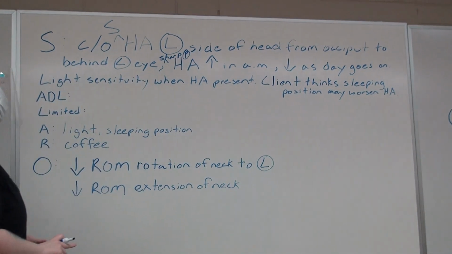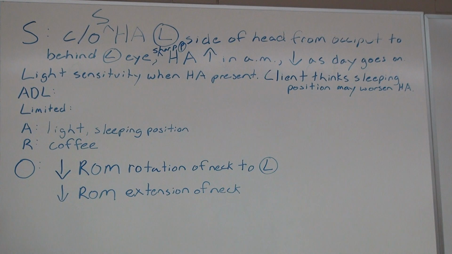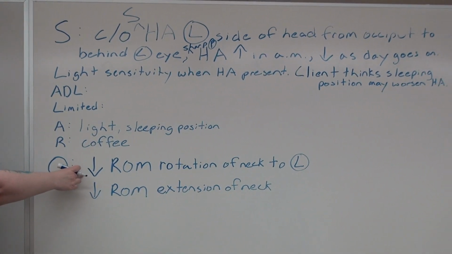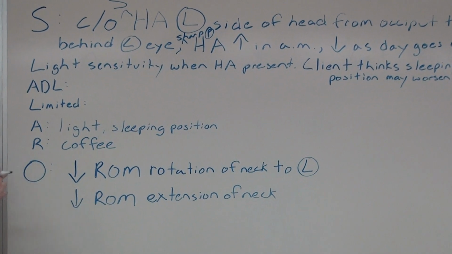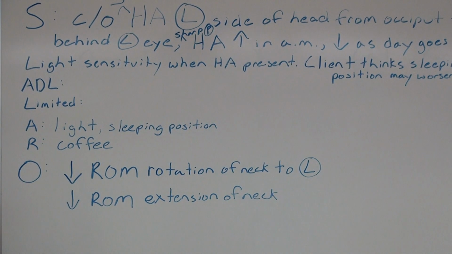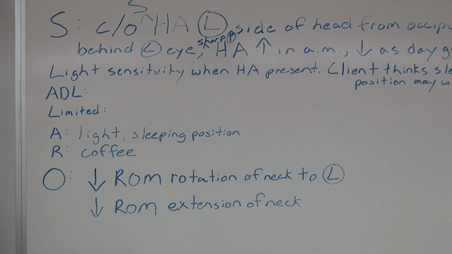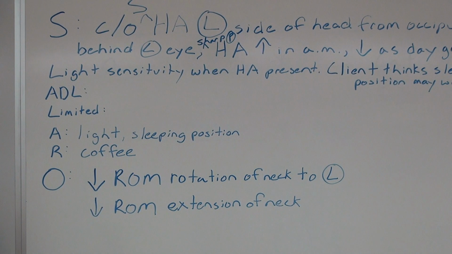Now you could also give this a descriptor. You could say mild, moderate, severe if you wanted to. Can you put rotation and extension in one sentence, or do you have to make two separate ones? You could do that in one sentence if you wanted to.